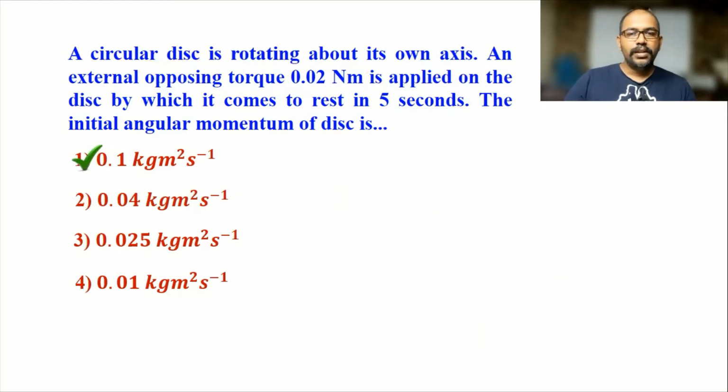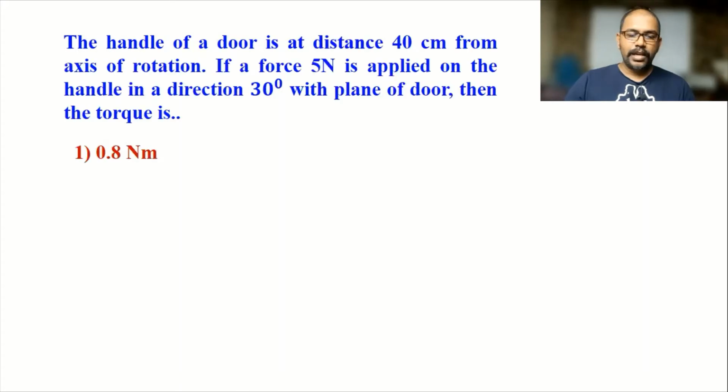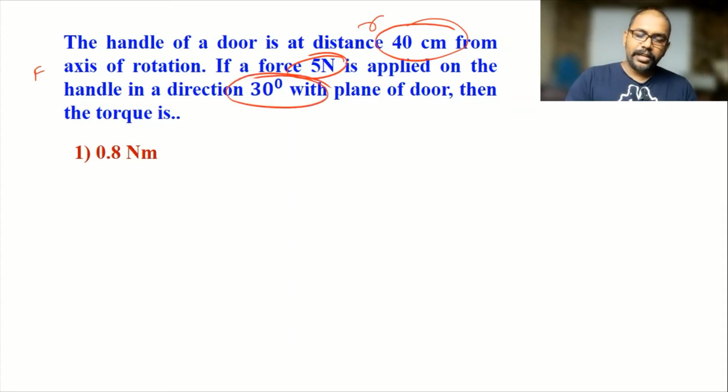Now we proceed to the next question. The handle of a door is at a distance of 40 centimeter. Here 40 centimeter is the distance of the handle from the axis of rotation. If 5 Newton is the applied force, we can write this distance as R and the applied force as F, in a direction 30 degrees with the plane of the door, then find the torque.